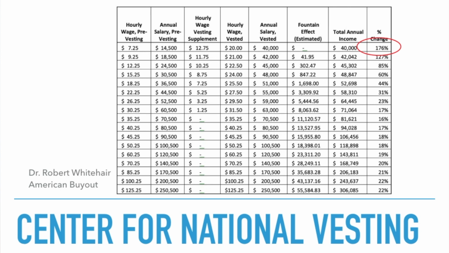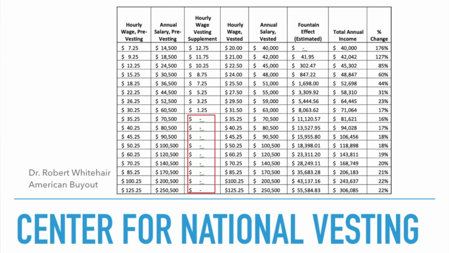But if you go to someone making, say, $125.25 per hour, for an annual salary pre-vesting of $250,000, everything above $35.25 up to $125.25 receives no hourly wage supplement.